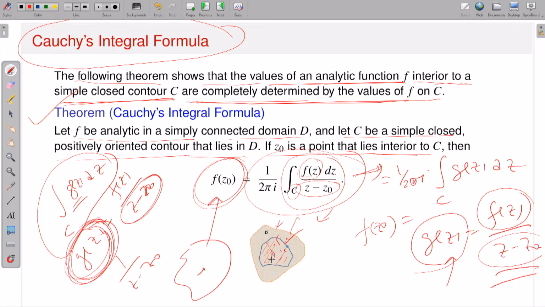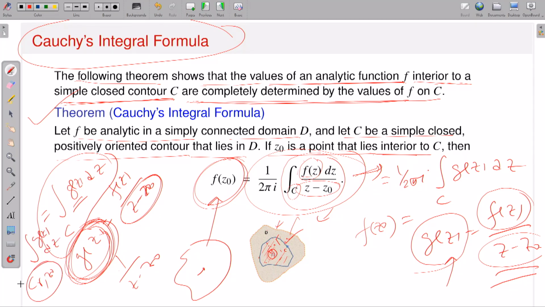By deformation of contour, I will take a very small circle around the point z naught, and for that circle I know the parameterization even if I do not know the parameterization of C. So by deformation of contour, this contour integral is exactly the same as the integral over C_R,z naught of g(z) dz.